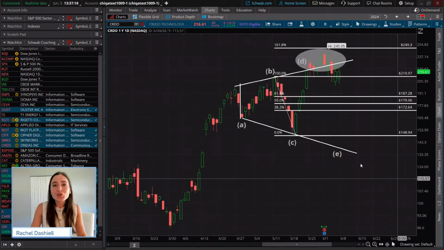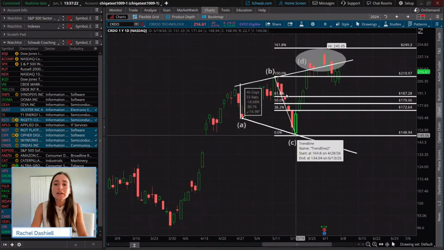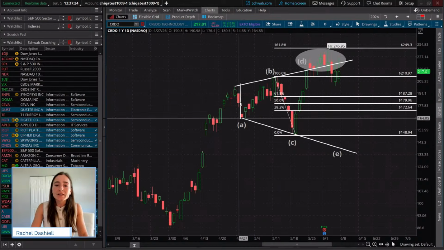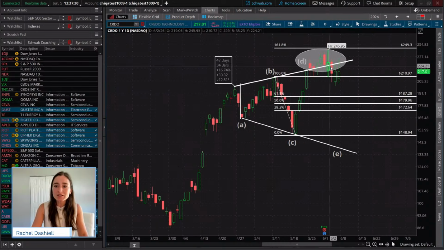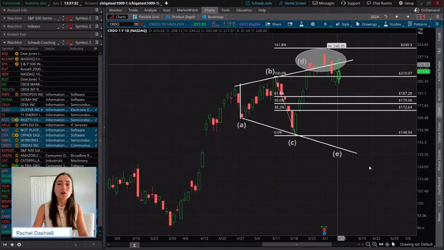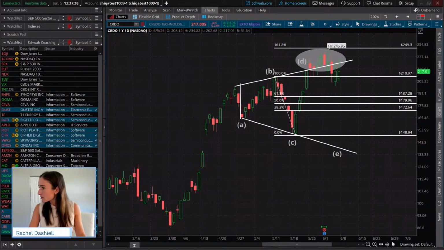So that's kind of the funny thing with these. So typically wave A is 0.618% of wave C. And then you're going to see that same type of reaction with wave E as well. So that's why they're kind of expanding that way. So hopefully that was a little bit of fun there for that one.